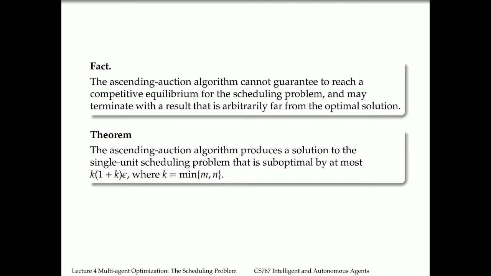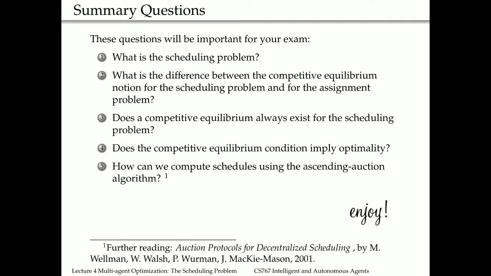That's all bad news, but like what I said, if we focus ourselves on the single unit scheduling problem, then we get some good news. The ascending auction algorithm produces a solution to the single unit scheduling problem that is suboptimal by at most k times 1 plus k epsilon, where k is the minimum between m and n, right? So essentially this is using a reduction from this scheduling problem to the assignment problem. All right, so that essentially finishes today's lecture.